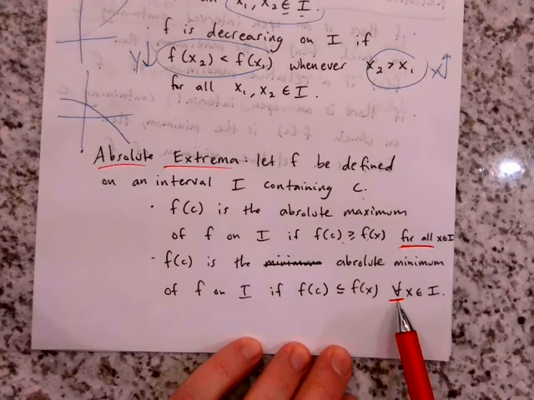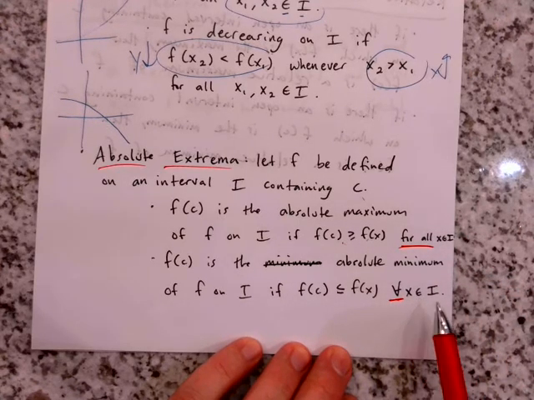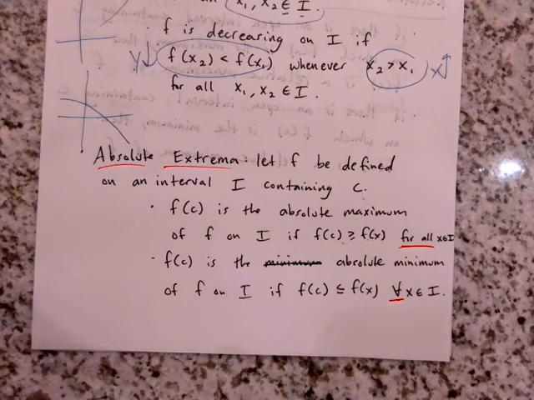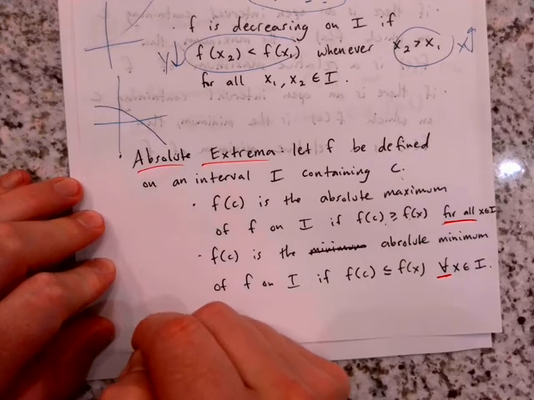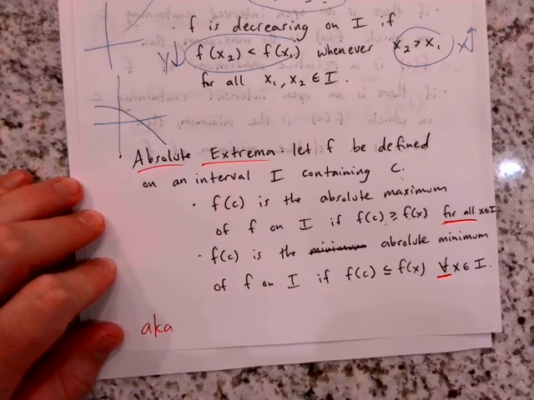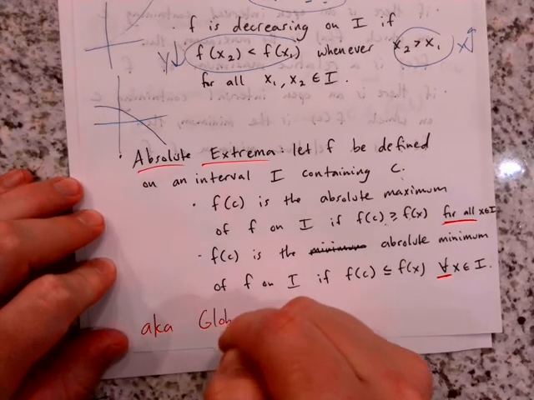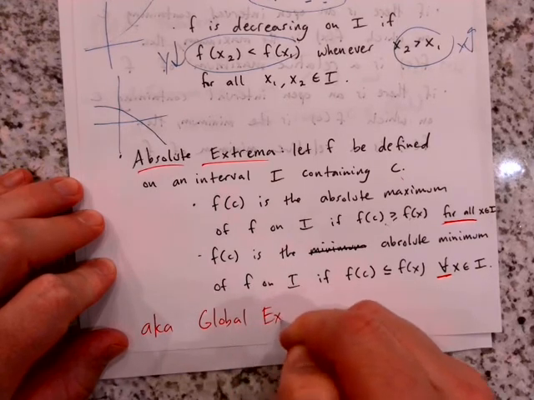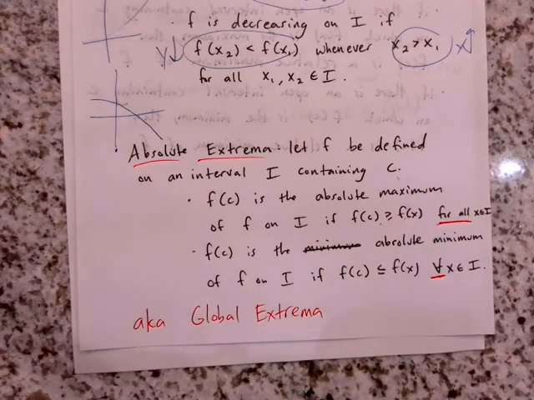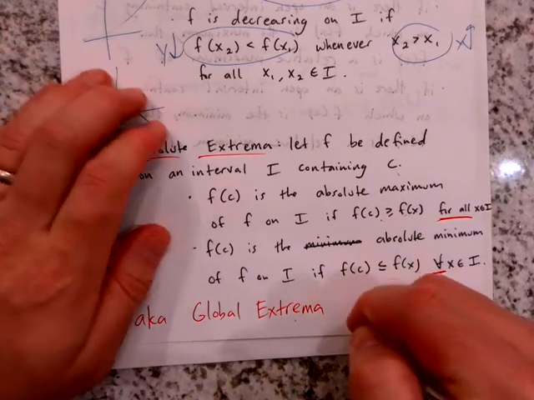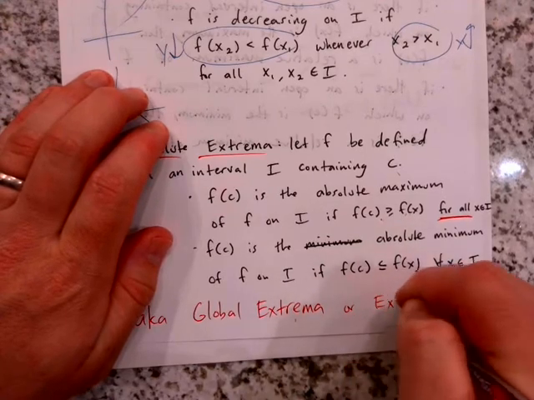So this means for all x in the interval I. There's a few other ways to say absolute extrema, so aka, you could say global extrema, which makes sense. Global is like the whole big picture, and out of all that big picture, it's the extreme value. Or you could just say extrema.